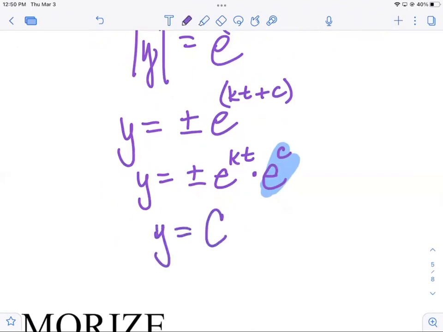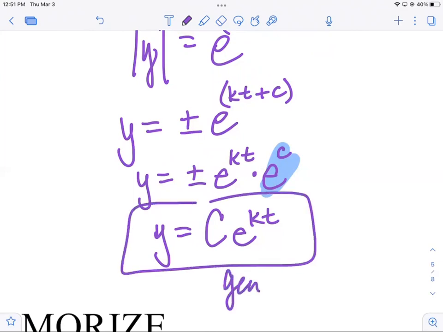And when you put new and improved c in the front, you don't need to put plus or minus anymore, because C itself, the sign of it comes out in the wash when you plug in a point. So this is the general solution. Yes, it sure is. This is the general solution to anything that's truly and particularly exponential, right?